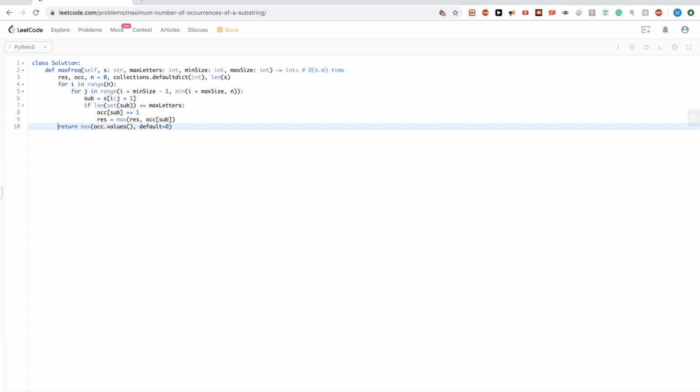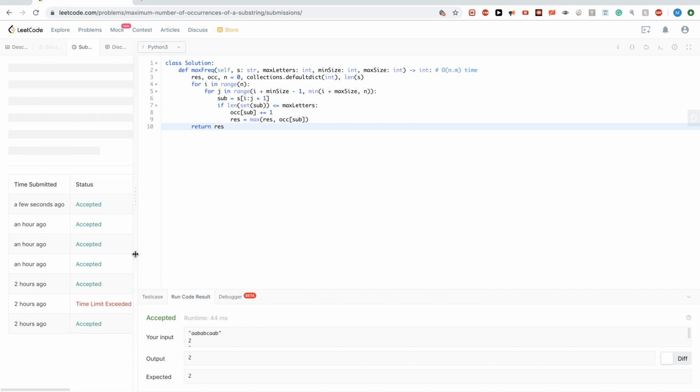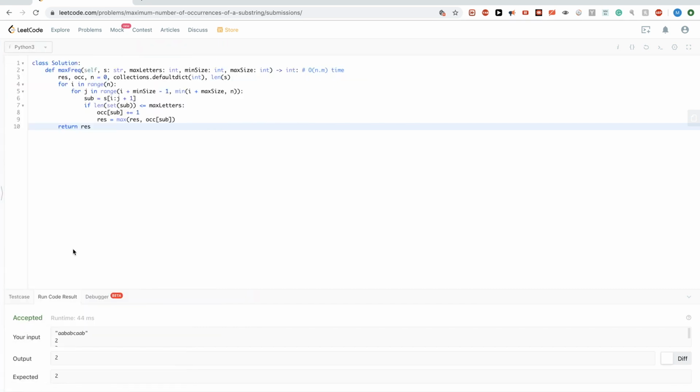And then at the end, we just return result. So that's one small way we can optimize it. Okay, so that passes.